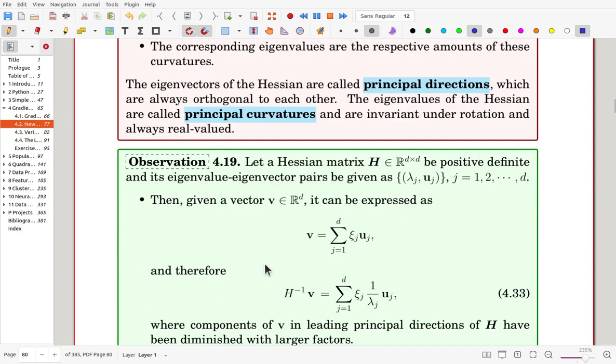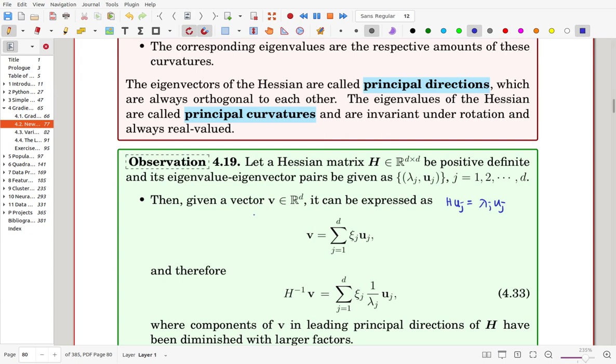Okay, here let's see the observation. Let a Hessian matrix be positive definite and its eigenvalue-eigenvector pairs be given in this way. That means H u_j is lambda_j u_j for j from 1 to d.